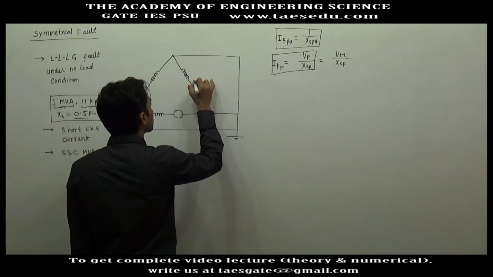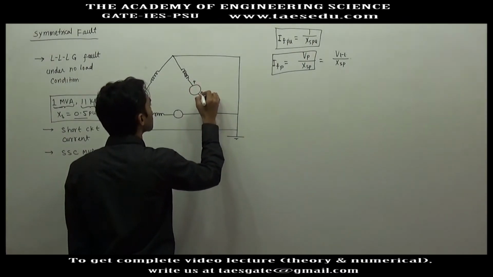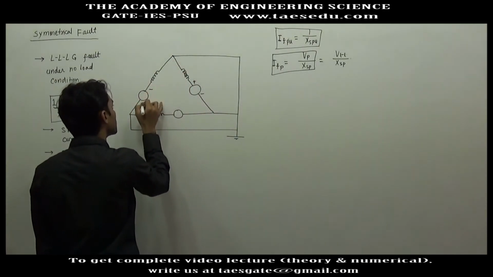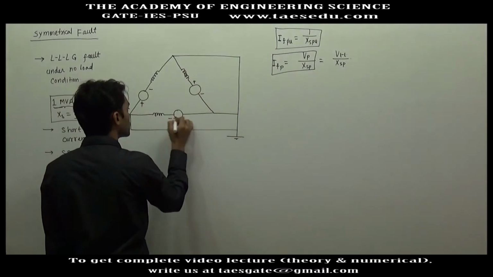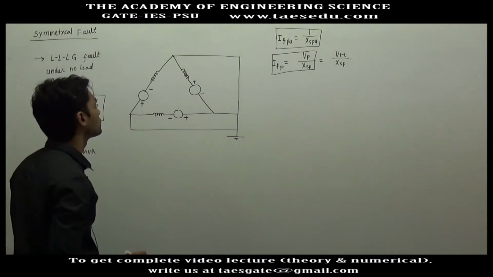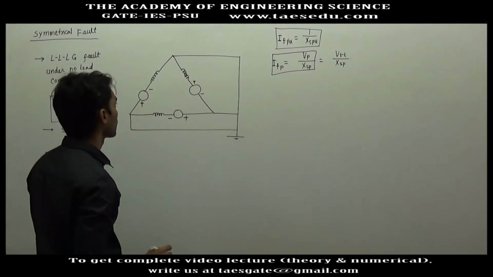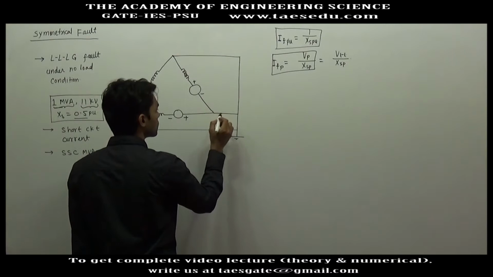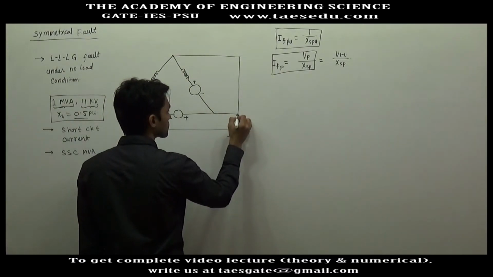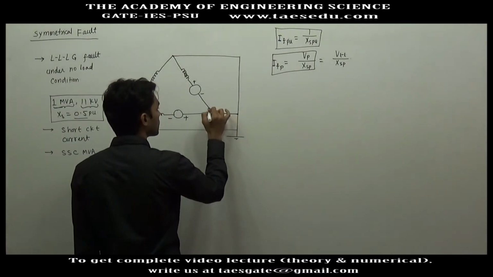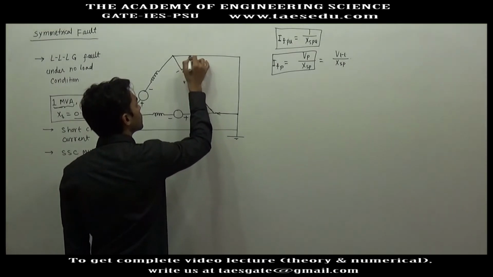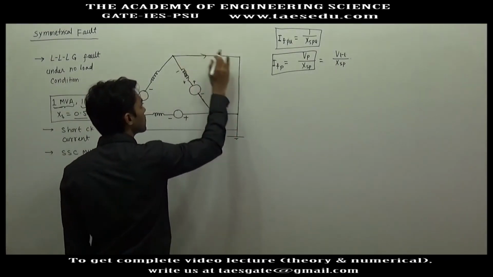Let's say this is first negative, then positive, then here first negative, then positive, then first negative, then positive. This is the voltage sequence. Now you have a three phase fault. So if you start from this point, then you move this way, you will have gain, and you will have here voltage drop in the reactance. Now you move this way, so you will have a closed loop here.